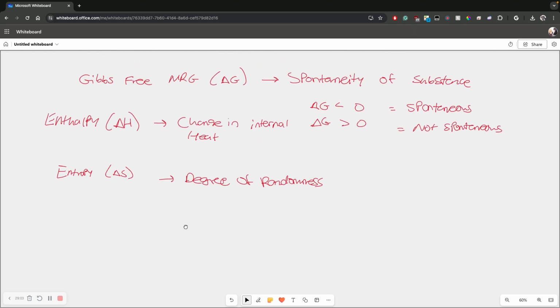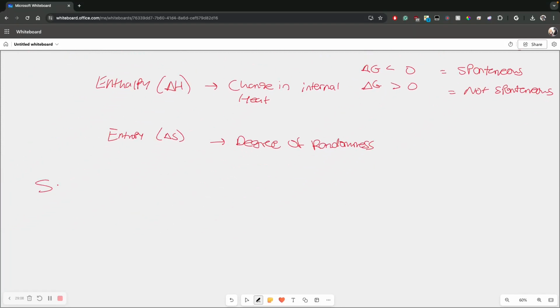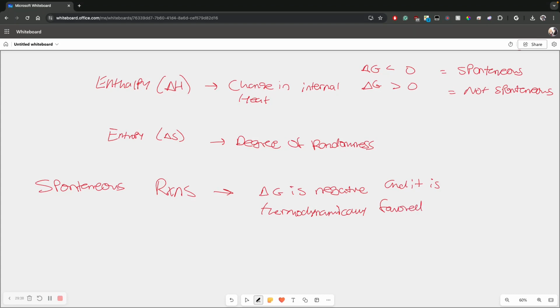We kind of talked about this with Gibbs free energy, but spontaneous reactions are going to be like delta G is negative, and is thermodynamically favored.